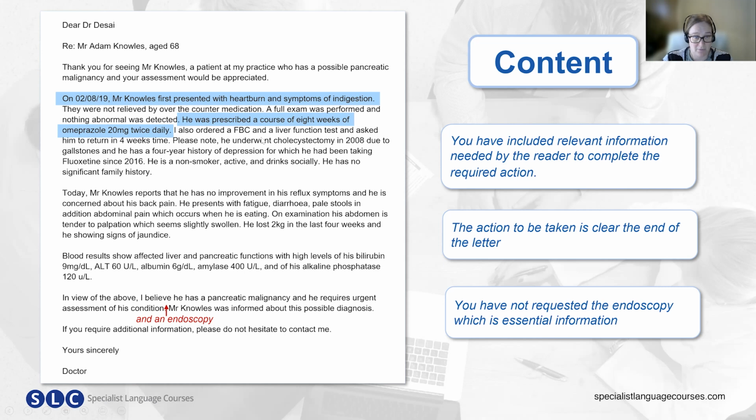So what happened first of all? And then here we've got today, which is quite important. So it's the current assessment and of course the test results. But yeah, one thing that is missing is the endoscopy. We've got the preliminary diagnosis and the urgent assessment, but we're missing the endoscopy, and that would unfortunately reduce the score.